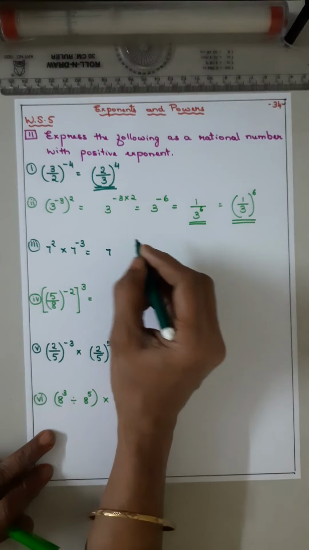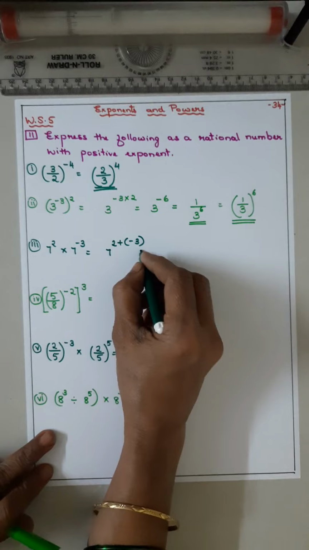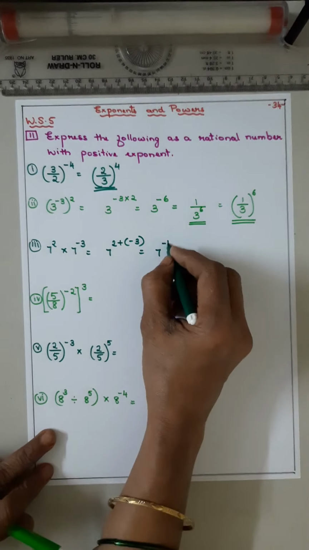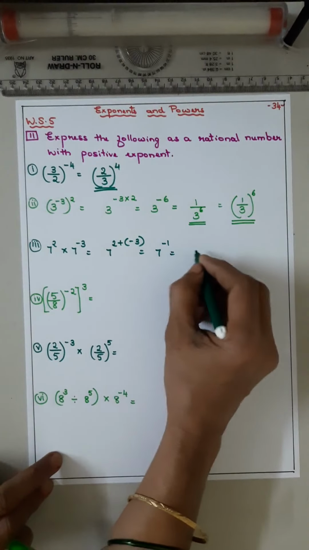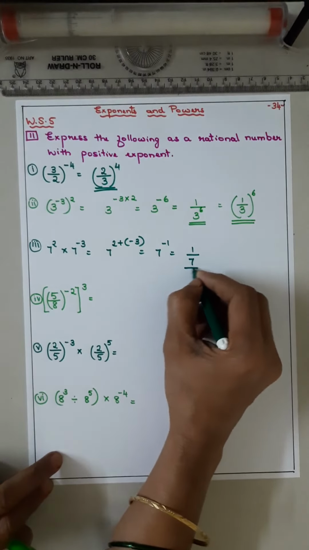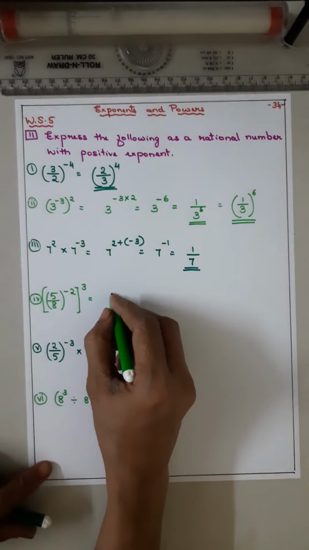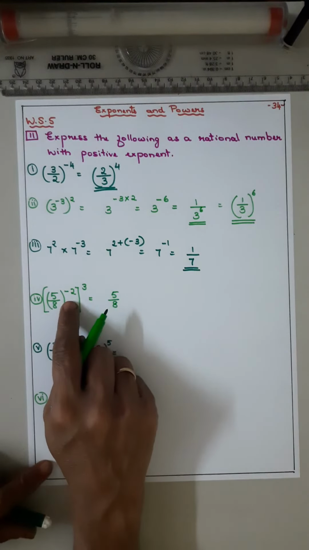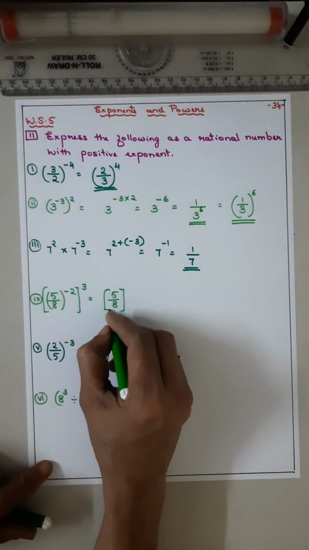In between multiplication, so add the powers. So it became 7 to the power minus 1, isn't it? So when the power is minus, reciprocal 1 नहीं लिखेंगे. So the answer is 1/7. Now (5/8) the whole raised to minus 2, the whole raised to 3. मतलब क्या करने का?